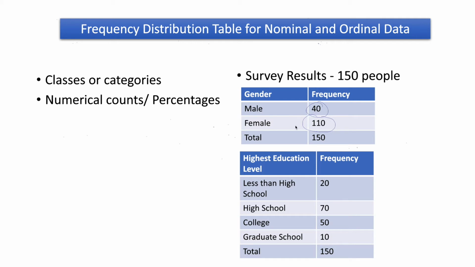And so total, this adds up to the number of people who took the survey. And we also do the same breakdown for those people who responded that their highest education level was less than high school, college, or graduate school. And we see that the total adds up to the 150 people who took the survey.